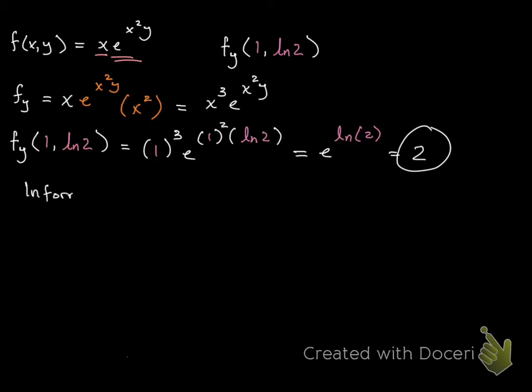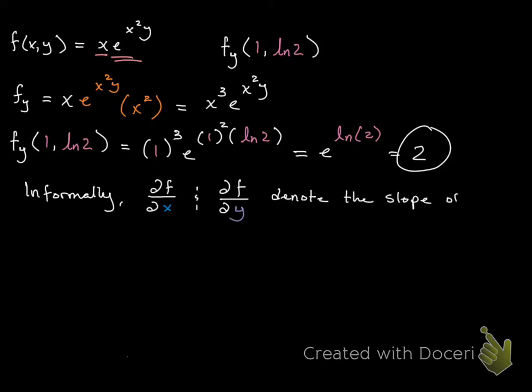So kind of informally here, without giving the complete definition, partial f partial x and partial f partial y denote the slope, the rate of change of the surface here, instead of just the curve, the surface in the x direction and the y direction.